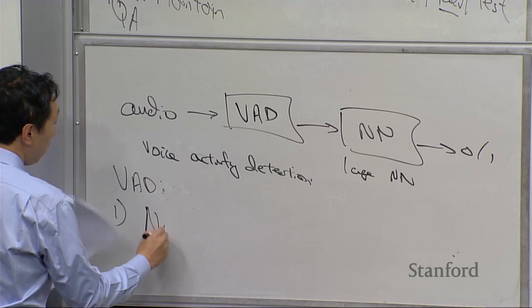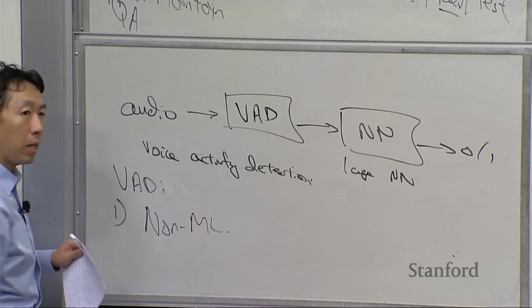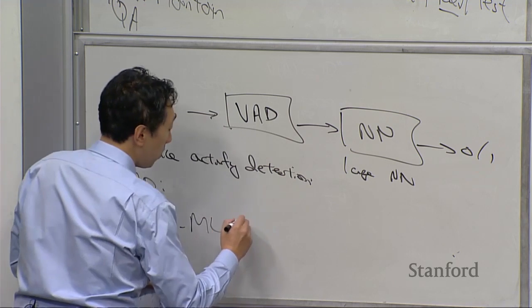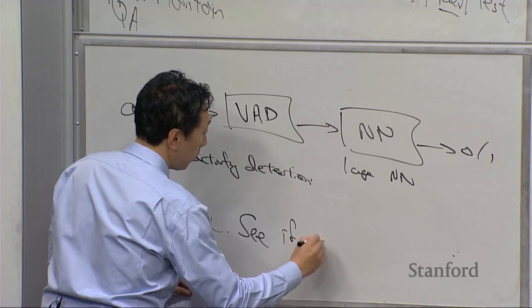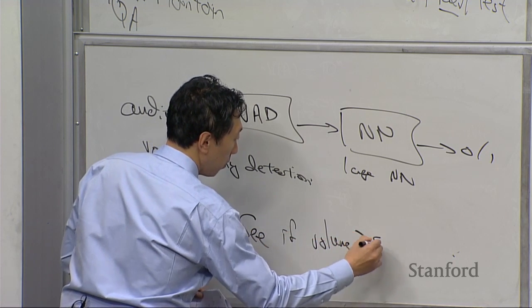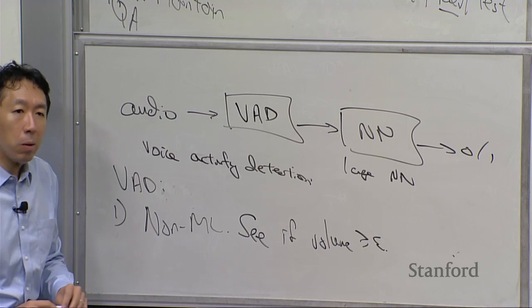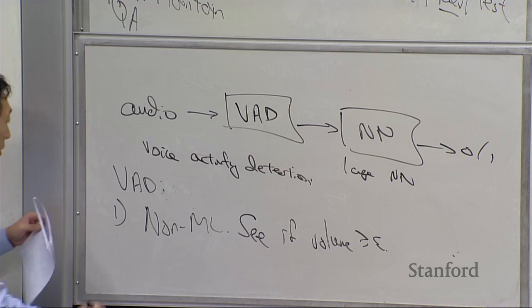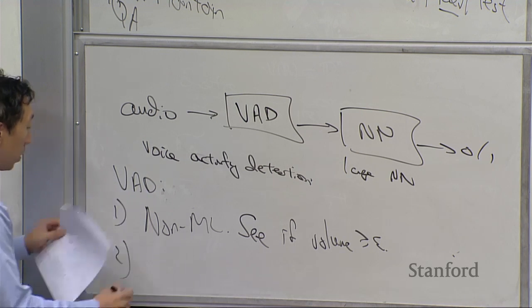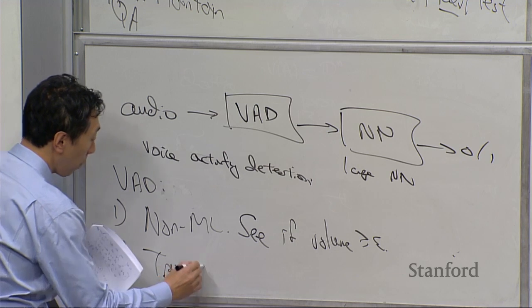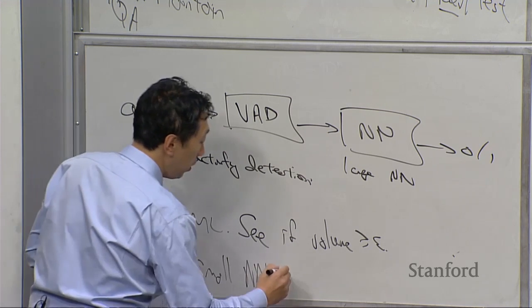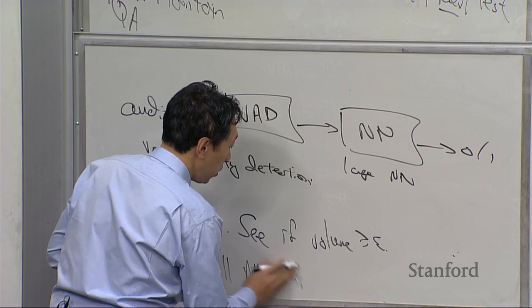Option one is to build a non-machine learning based VAD system, voice activity detection system, which is just, see if the volume of the audio your smart speaker is recording is greater than epsilon. So if there's silence, just forget it. And option 2 is train a small neural network to recognize human speech.